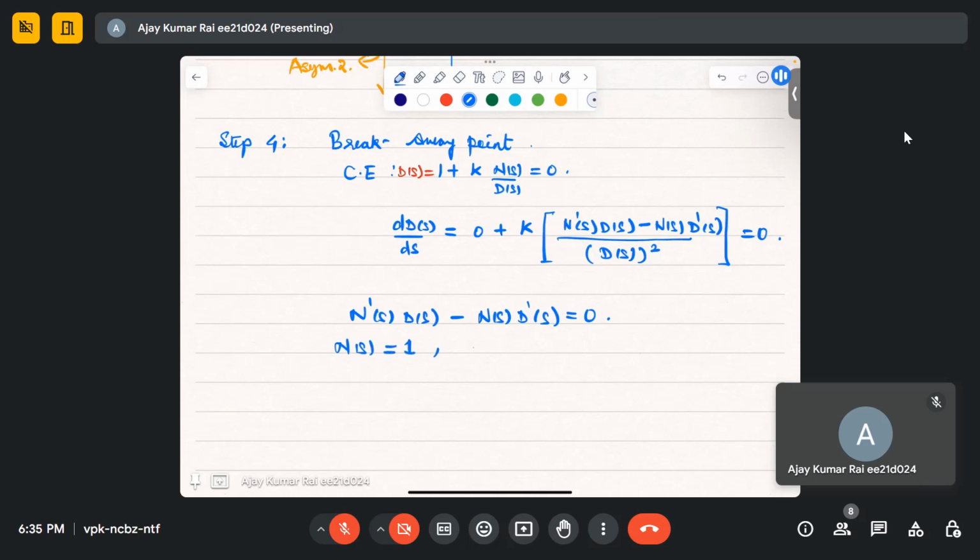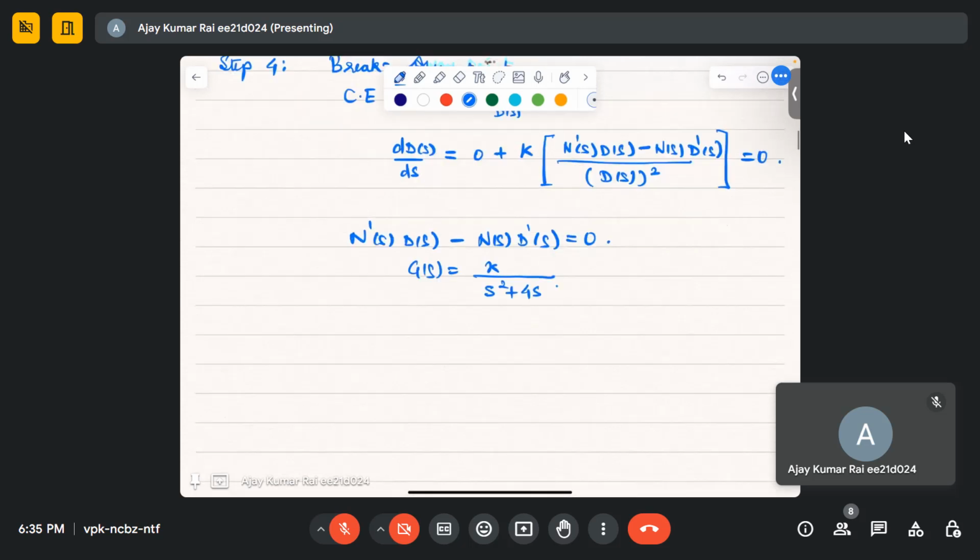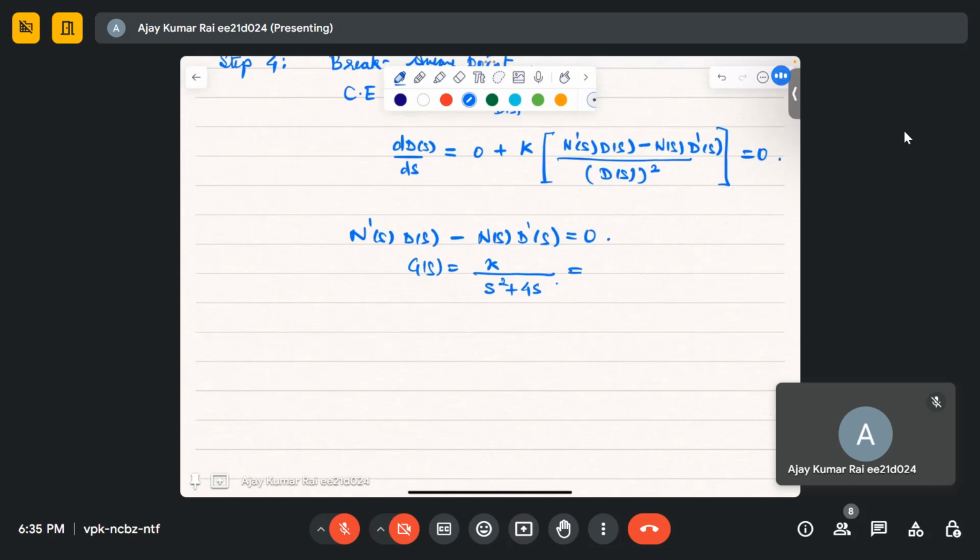And D(s) is equal to, let me write the full transfer function. We are given k by s squared plus 4s, which is equivalent to k into N(s) by D(s). So I'm writing N(s) equal to 1 and D(s) equal to s squared plus 4s.